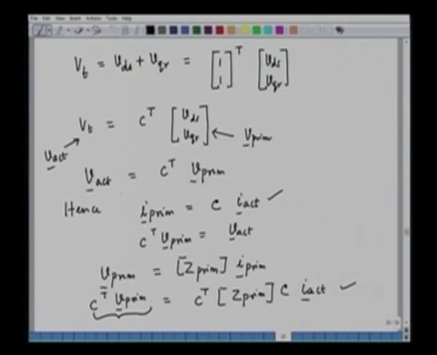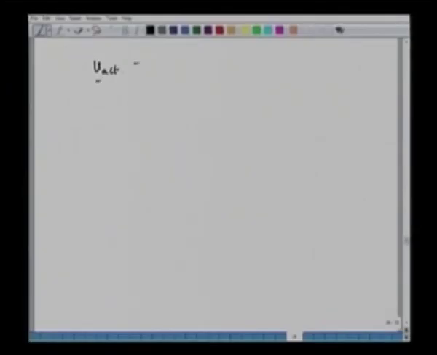This is same as V actual. So I can write down this in the following fashion: V actual is equal to C transpose Z primitive C into I actual.